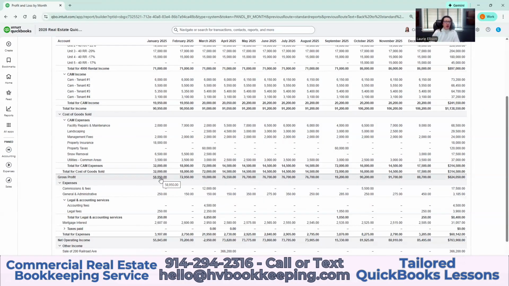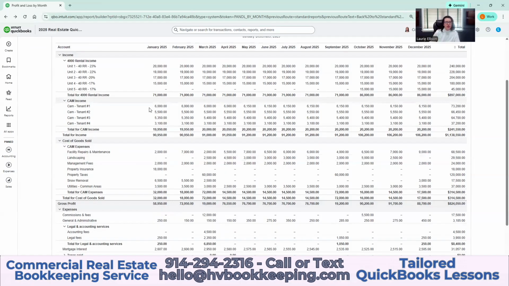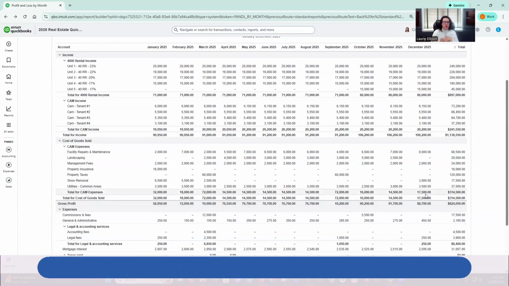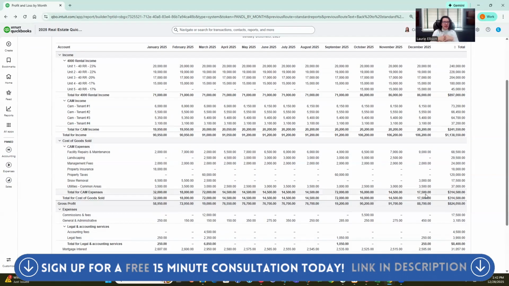Okay, so we've gone over the two types of income I want you to break out, so it's very easy for you to do your CAM reconciliation at the year end. We know tenant one is 23% of our total 314. I will do a follow-up video that I show exactly me going through this process, tenant by tenant, and I will show you the workbook I use.